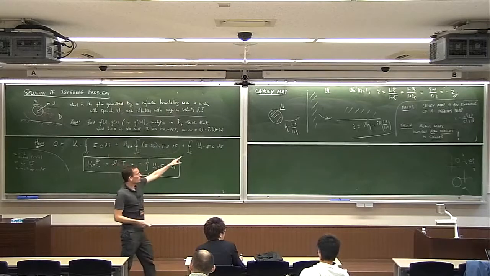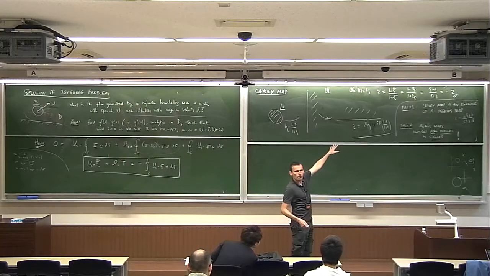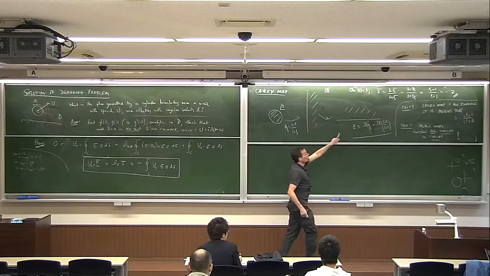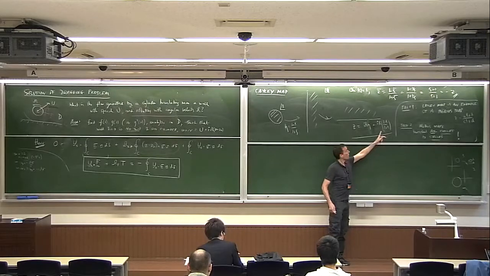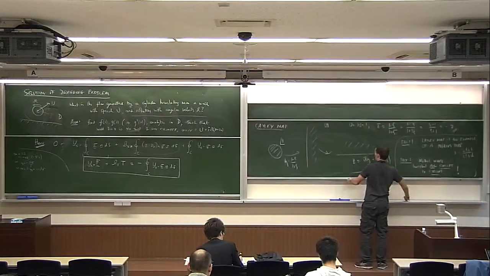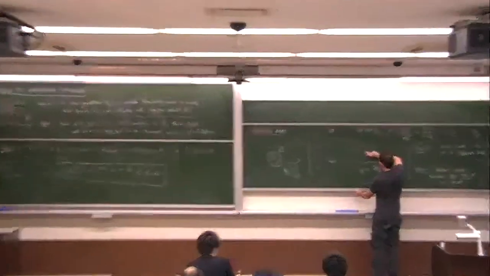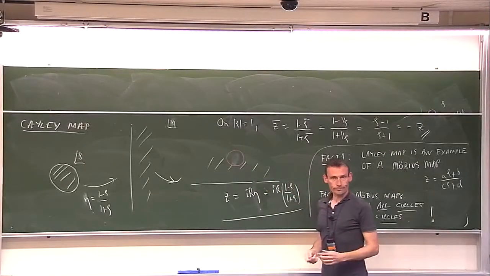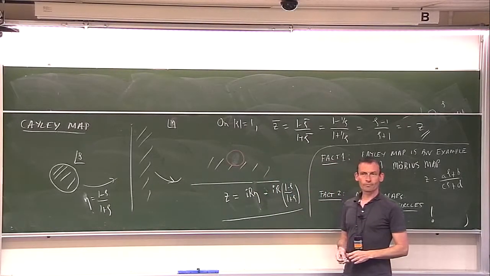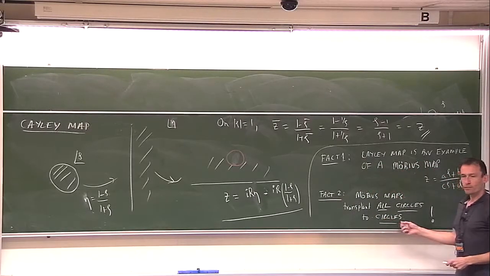I've already mapped the unit disk to this upper half plane, and I did it with a Mobius map. Now, I don't have all of this. Unfortunately, I have a circle. This is my cylinder. Can you see what this fact helps me deduce?